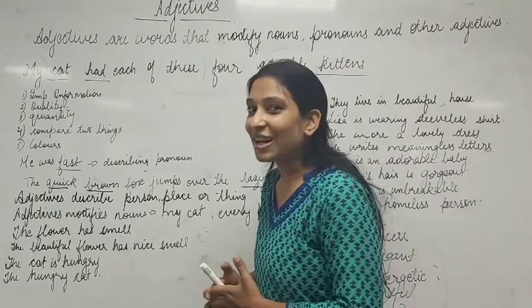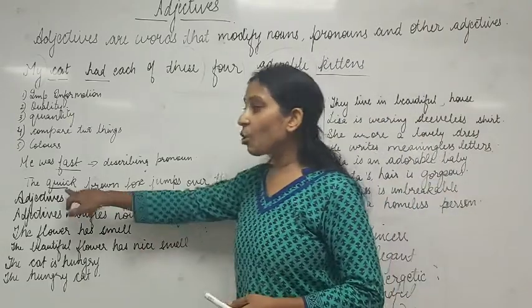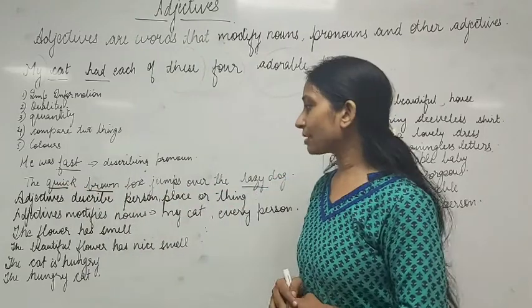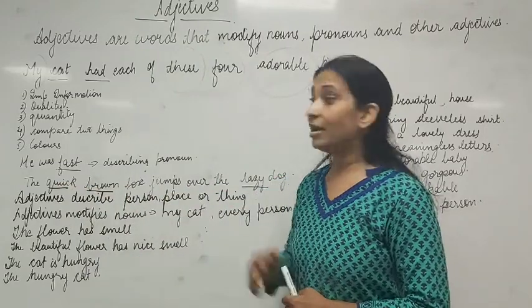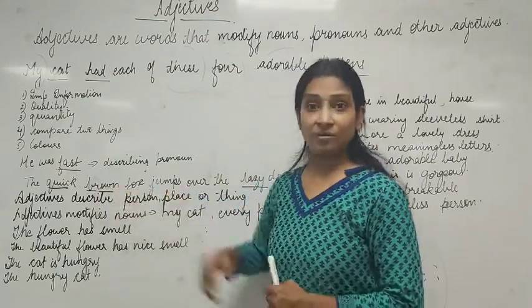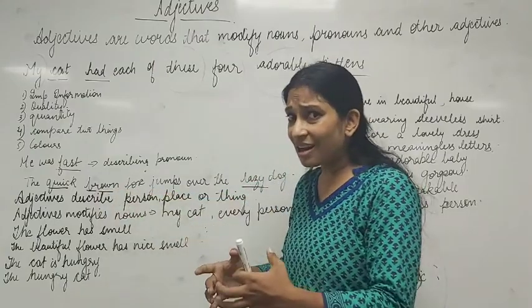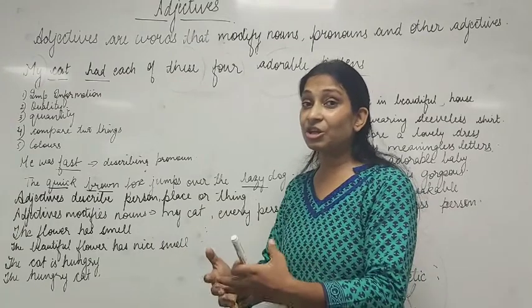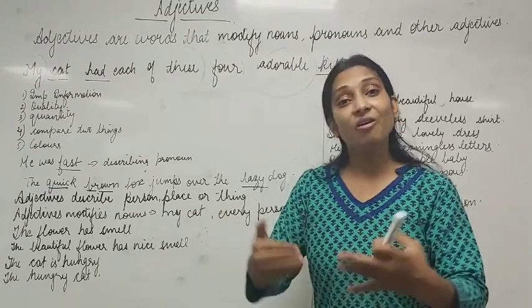But we are learning adjectives here, right? So what are the adjectives here? Quick. Okay, so is the word quick describing fox? Yes. Okay, and brown, is the word brown giving us information about fox? Yes, it is giving us information about fox. What color is the fox?